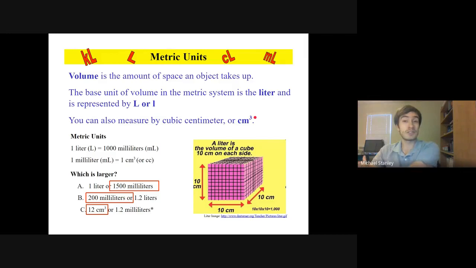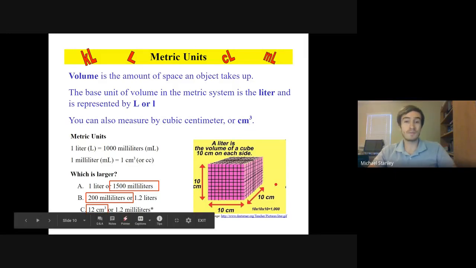Another way that we can measure volume, measure size, instead of doing it in liquid volume, which is what liters and milliliters are for, if we want to do it for solid volume, we can use something called cubic centimeters. So if you ever see these like cm3 used for the measurement instead of like ml for milliliters or L for liters, that's referring to cubic centimeters.